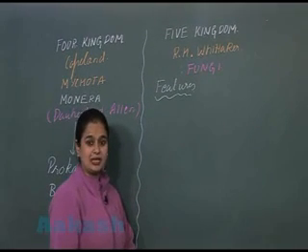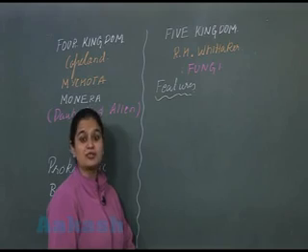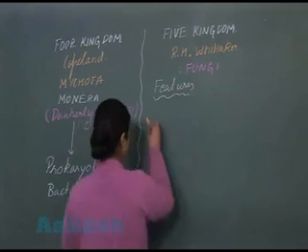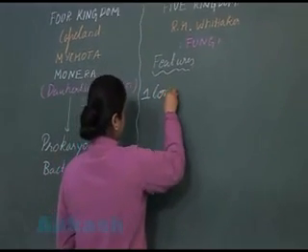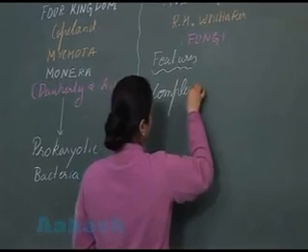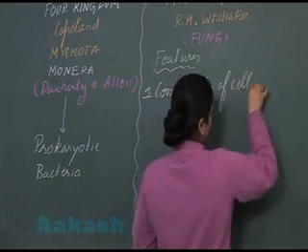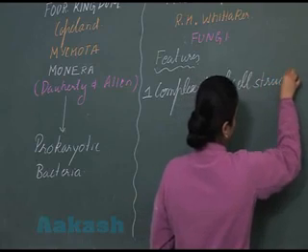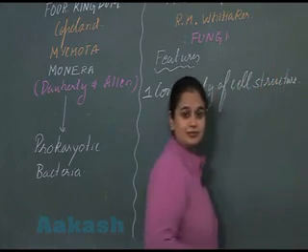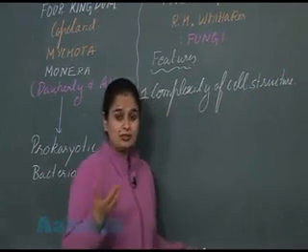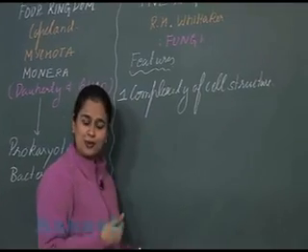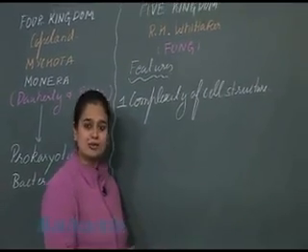First criteria is complexity of cell structure. That means whether the organism is prokaryotic or eukaryotic.